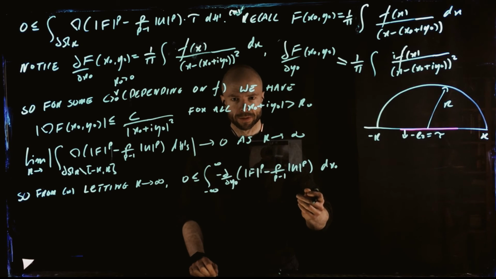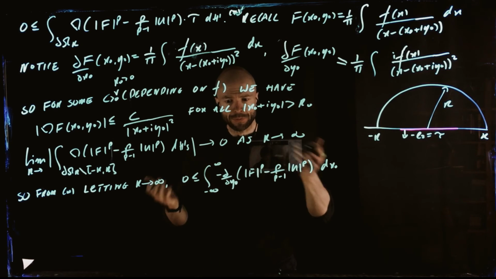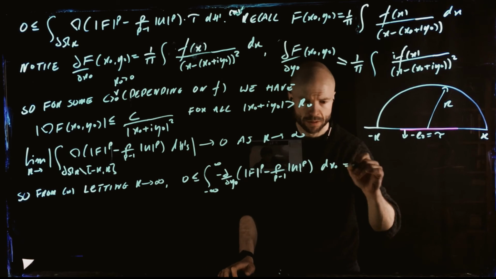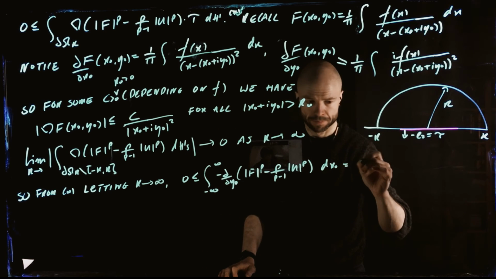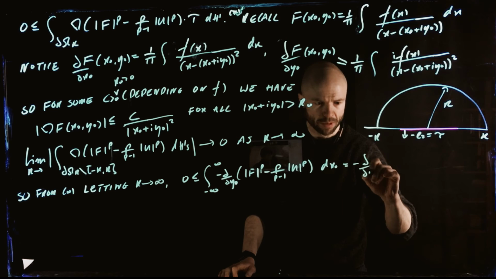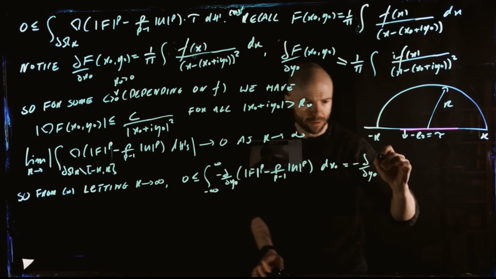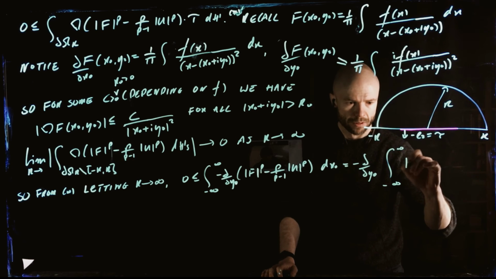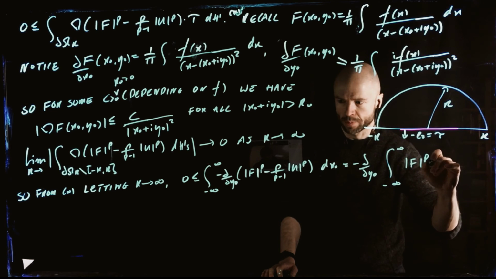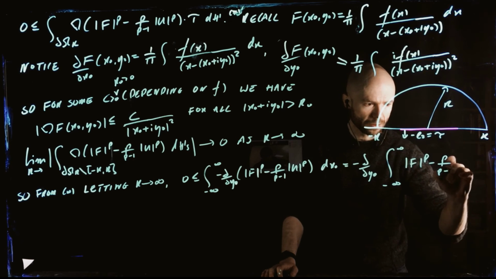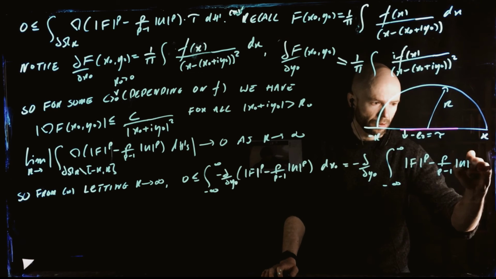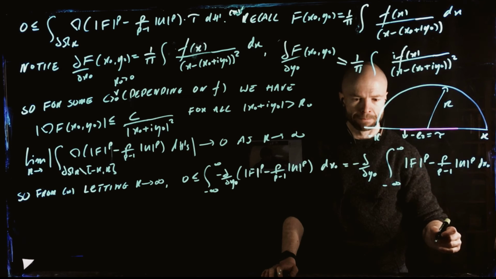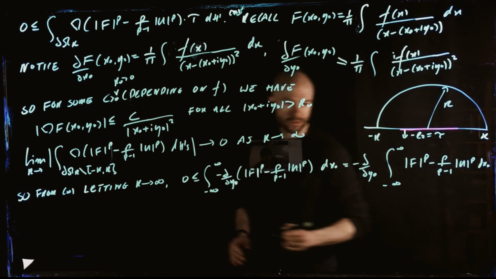Because of the smoothness of everything, this is like saying minus d by dy0 of this integral from minus infinity to infinity of f to the p minus p over p minus 1 u to the p dx0. Cool. So let's rewrite that.